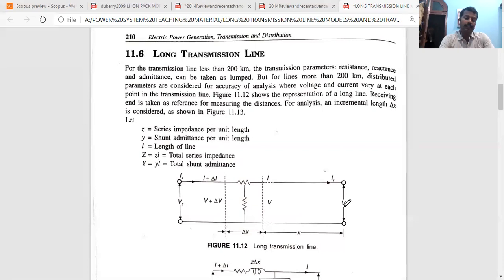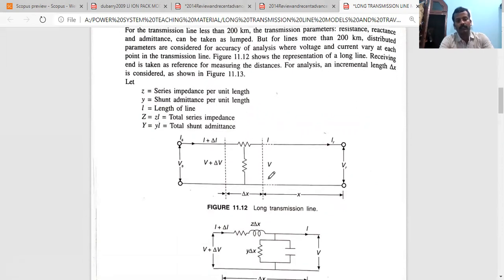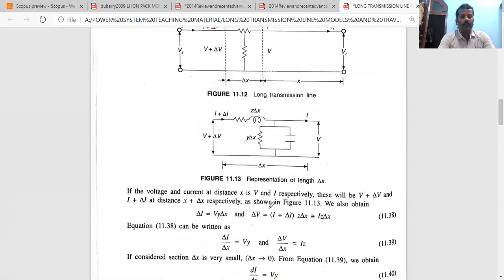Hence, when you move from right to left, this voltage will increase. Due to this, we have taken a reference point at distance x, and a delta x section, where the shunt branch and series branch have been taken this way. We have taken this delta x section separately.